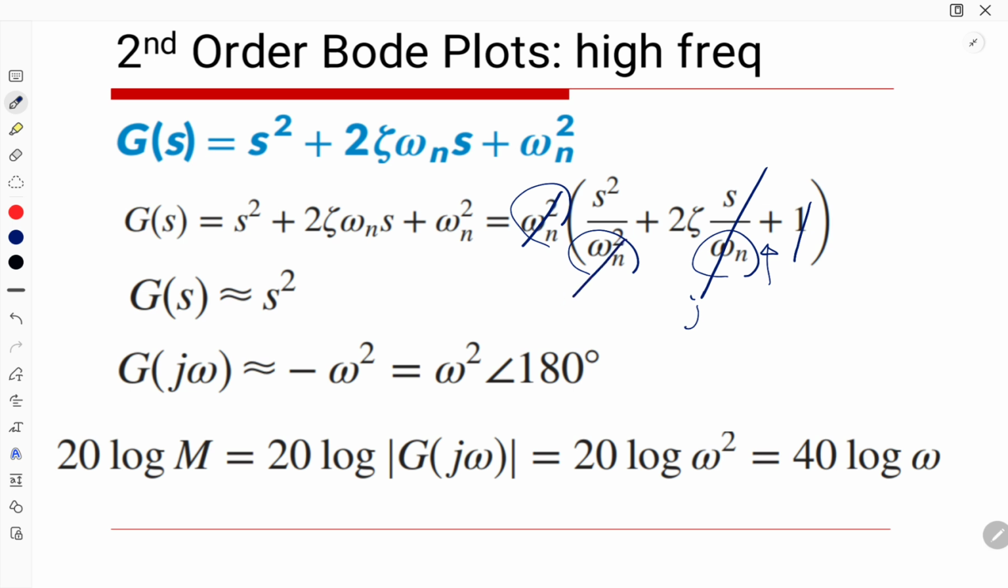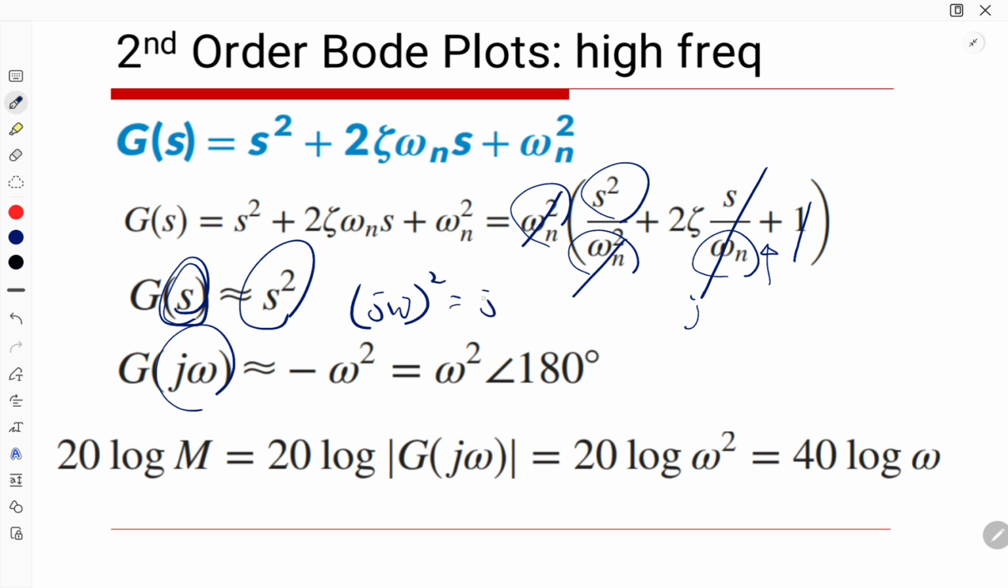Omega n squared cancels out, so you end up with s squared. And since you're replacing s with j omega, you have j omega squared, that is j squared omega squared. J squared is minus 1, so that is minus omega squared here.